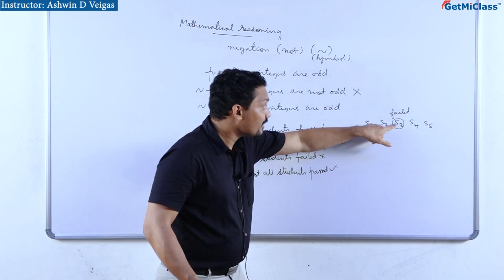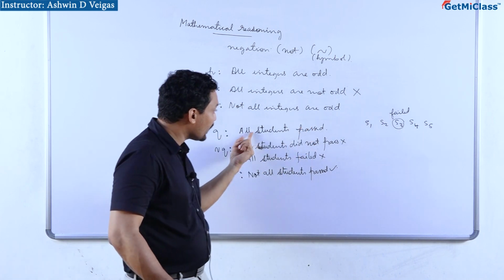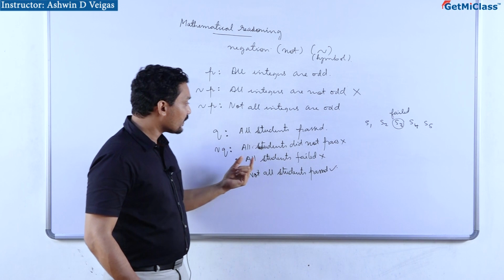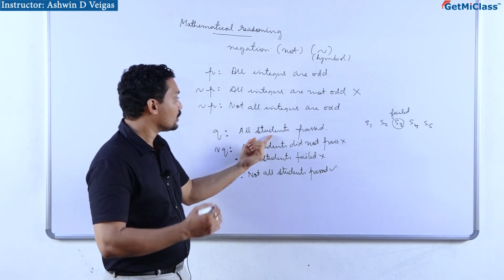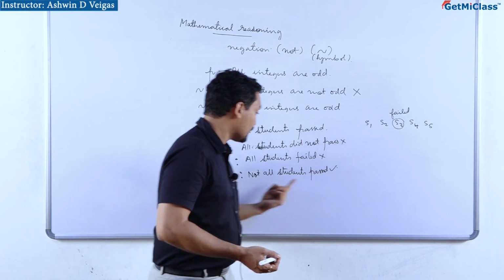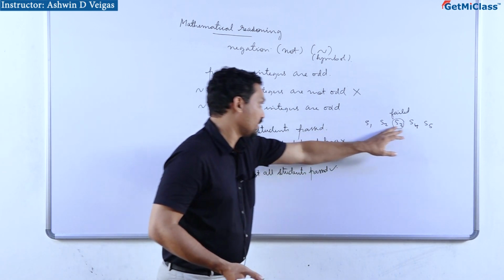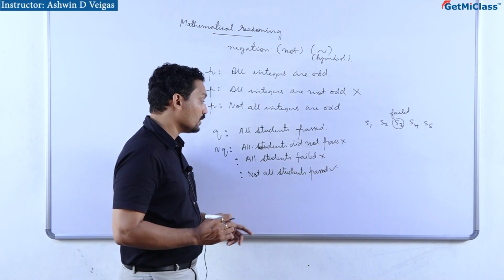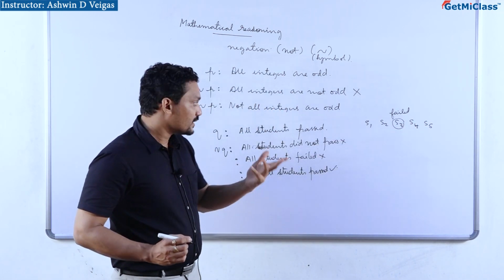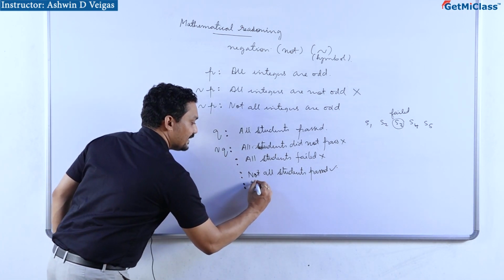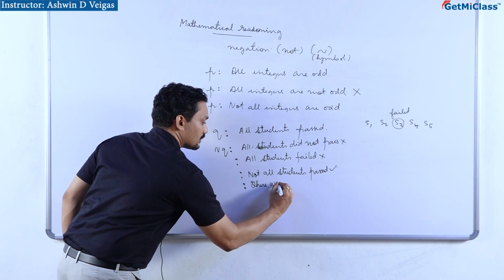Even if one student fails, it is enough to make this statement false. Therefore, the correct negation of all students passed is not all students passed. Not all students failed or all students did not pass is not the correct negation.